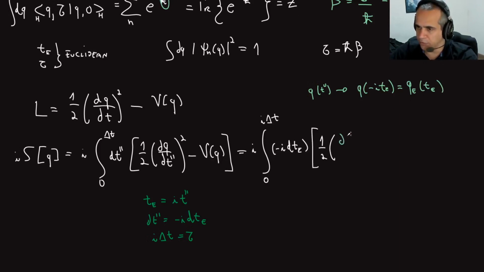So here I have ∂q_E over ∂(minus i t_E) squared, and minus V of q Euclidean. Again, the same definition, this defines this function here.